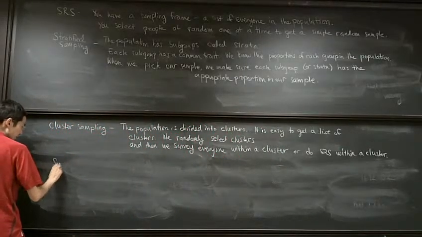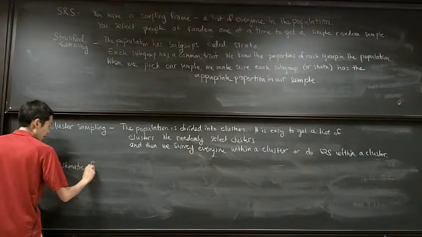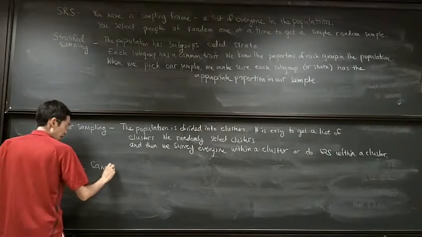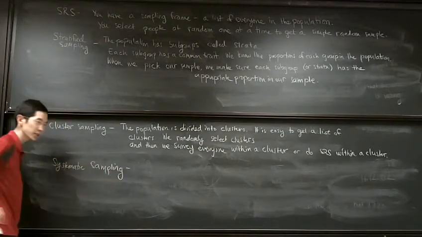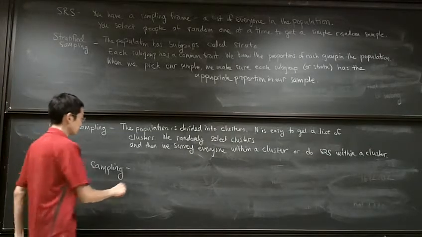Last method, systematic sampling. This works best if there is a line or queue.